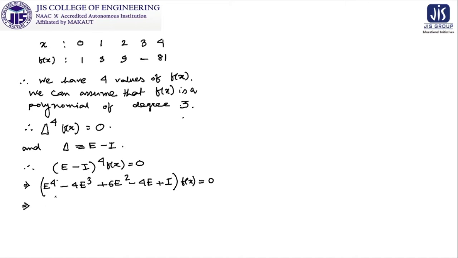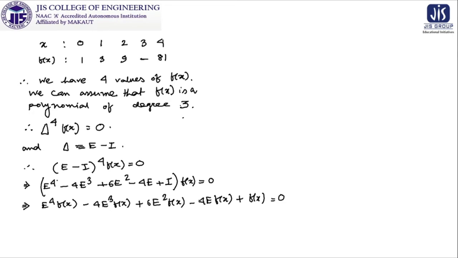Applying it on fx, I can write it as E to the power 4 fx minus 4E cube fx plus 6E square fx minus 4E fx plus fx is equal to 0.